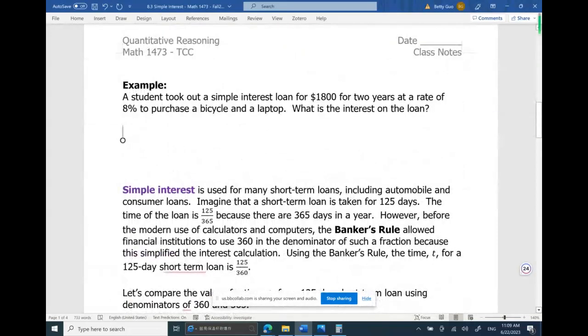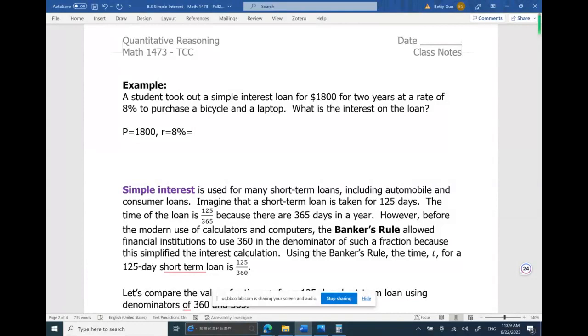Second example is about a student loan. A student took out a simple interest loan for $1,800 for 2 years at a rate of 8% to purchase a bicycle and a laptop. What's the interest on the loan? Okay, organize the information we have. Principal is the original amount of money you borrow in this case, right? You are taking a loan, 1800, and interest rate, annual interest rate, 8%.